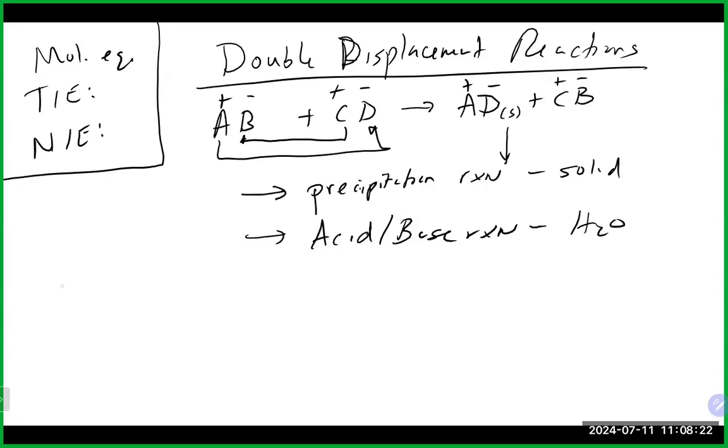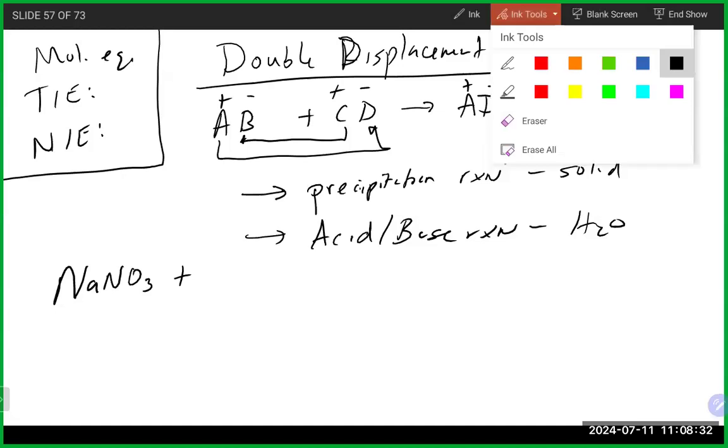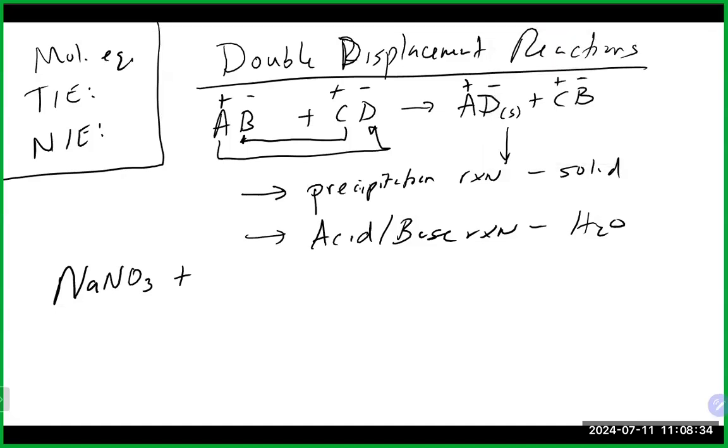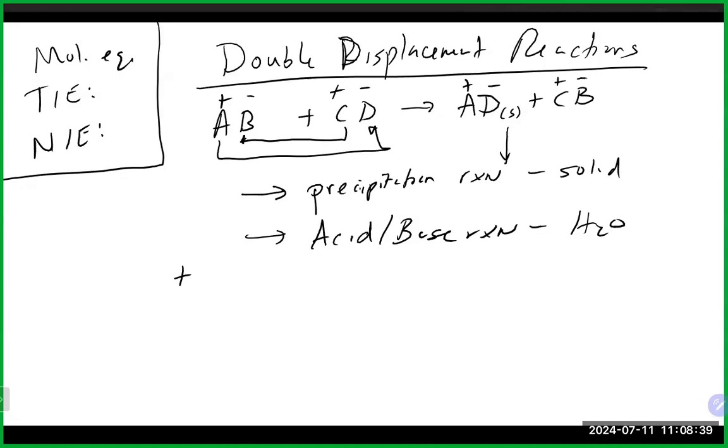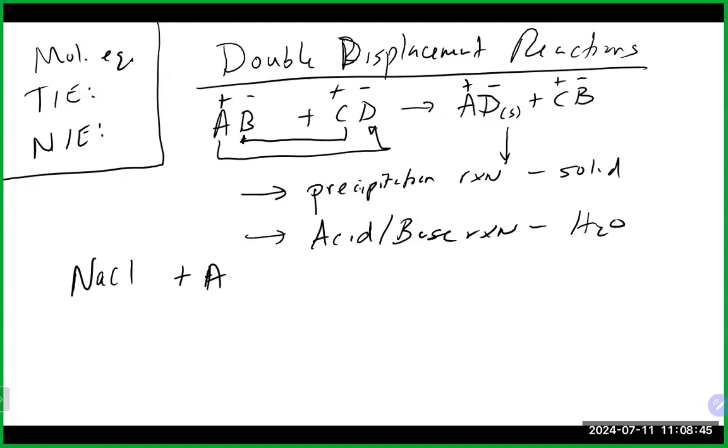So if we look at this reaction that we saw a couple of times today, NaCl plus some silver nitrate, making our silver chloride and our sodium nitrate.